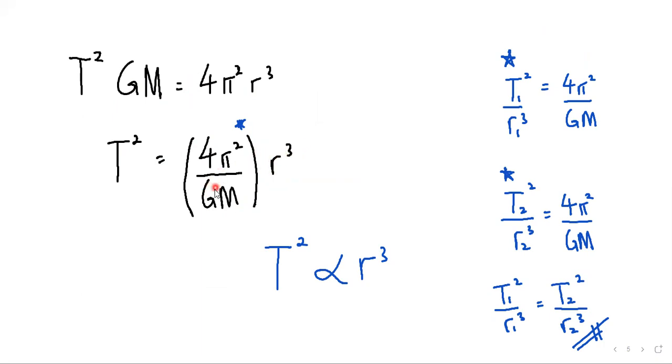So we have a relationship showing that T squared is directly proportional to r cubed.